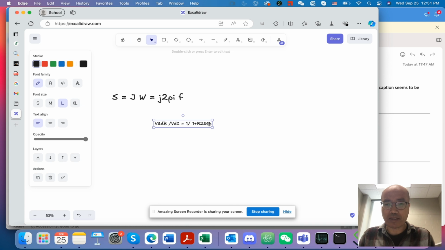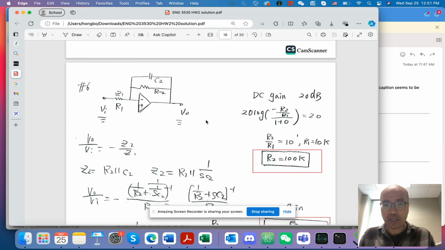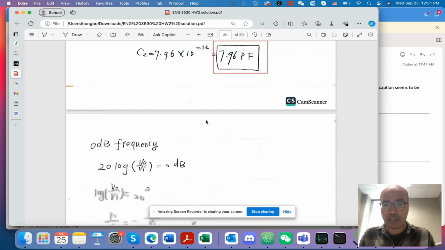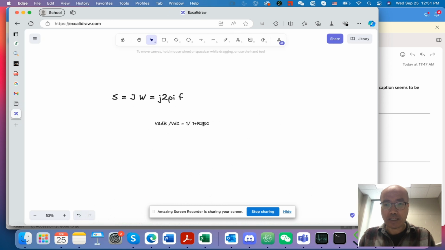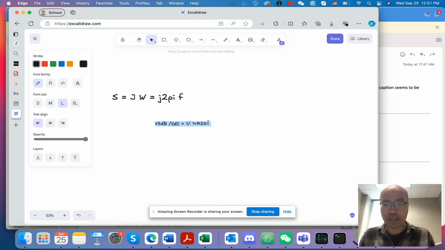So what I mean is this voltage is reduced to this V3dB. The 3 dB voltage is here, compared to the DC voltage, and is reduced to 0.707, equal to 1 divided by square root 2.